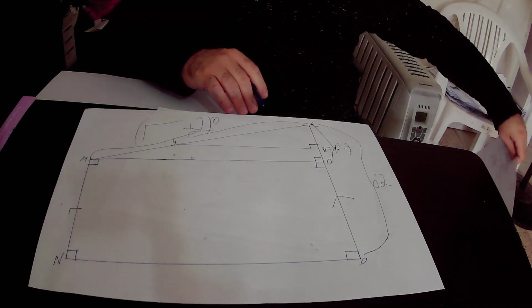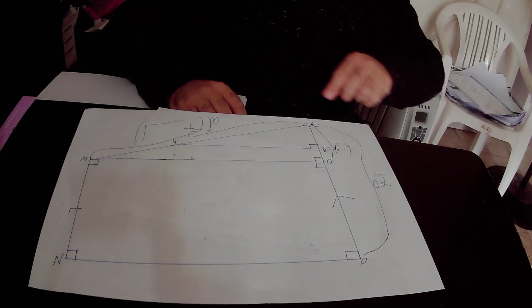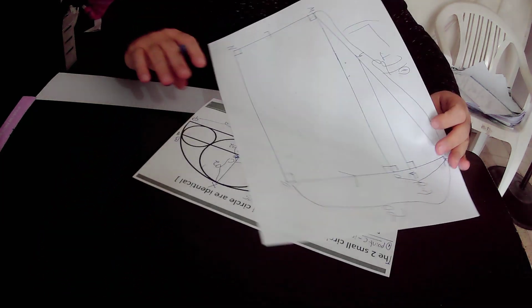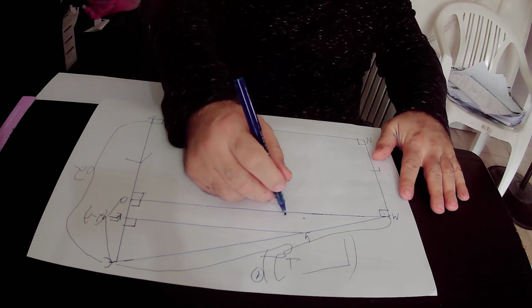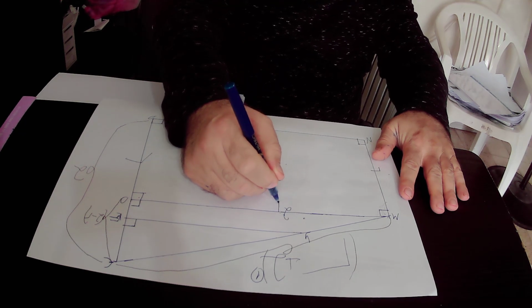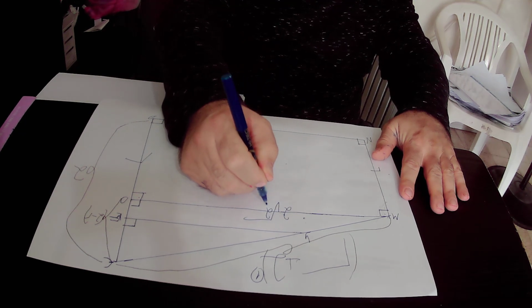So we can write here that MD equals 2 times the square root of 2r.